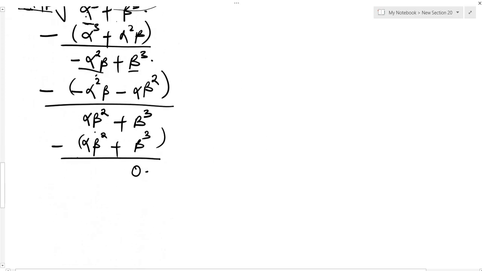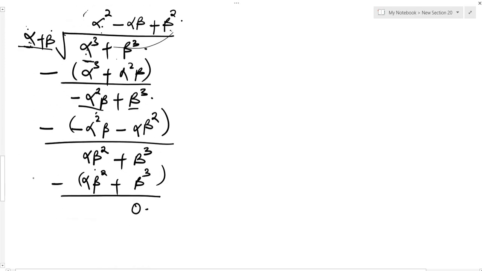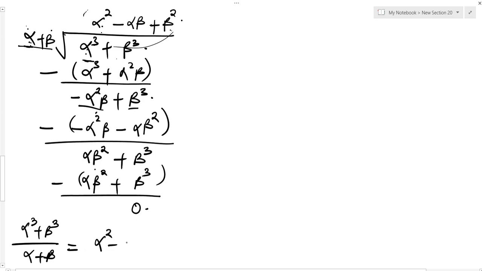So which means alpha cube plus beta cube divided by alpha plus beta is equal to alpha square minus alpha beta plus beta square.